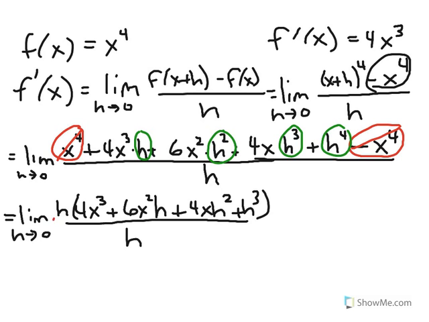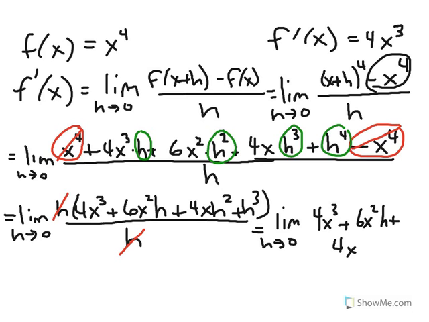Now, my h's, the one on the outside and this one down here, will cancel. And I'm going to have left the limit as h approaches 0 of, now I'm not using a fraction, 4x cubed plus 6x squared h plus 4x h squared plus h to the third.